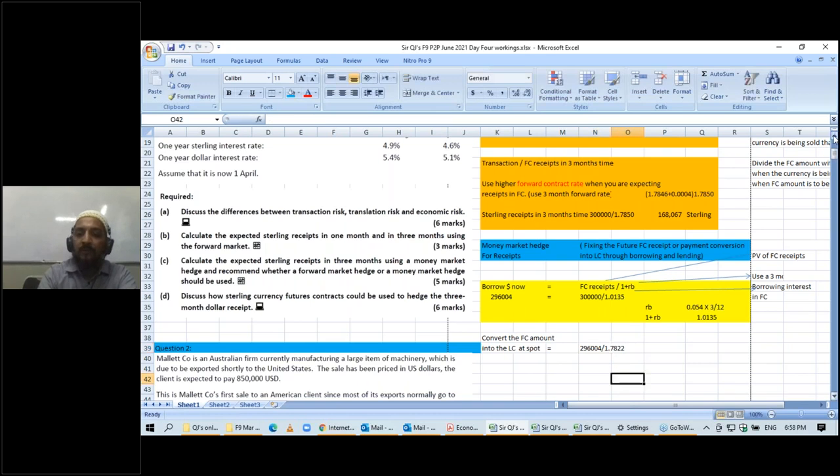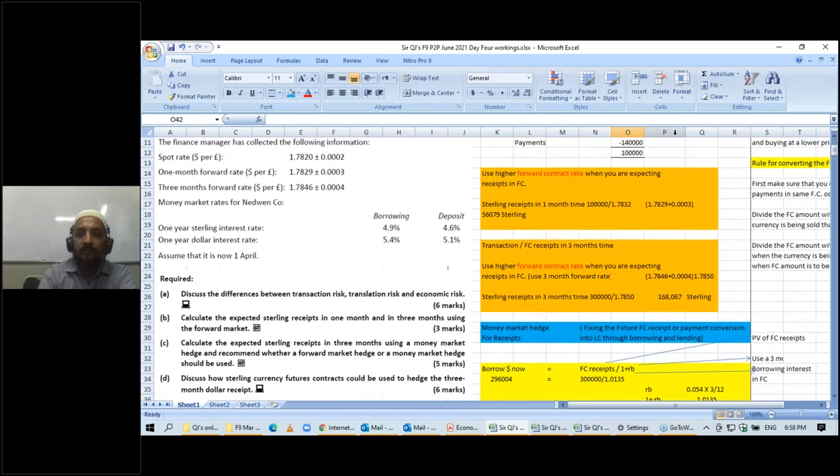How did we arrive at 1.7822? I used this rate, 1.7820, and added 0.0002 to get the selling rate, the higher rate. So if you receive a foreign currency amount, use the higher rate.